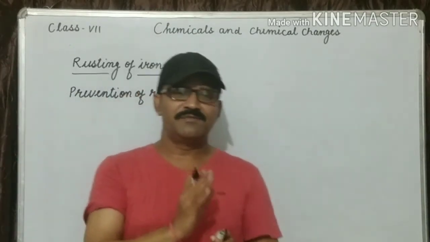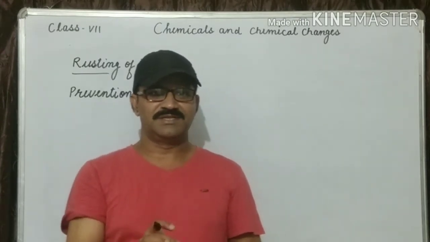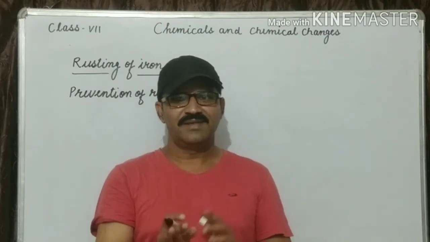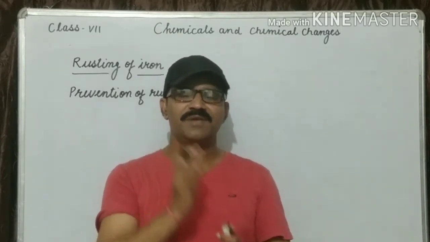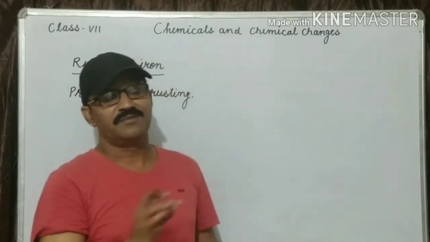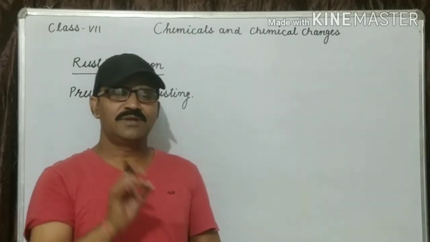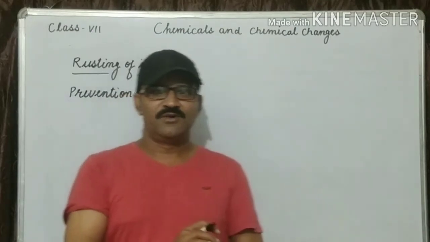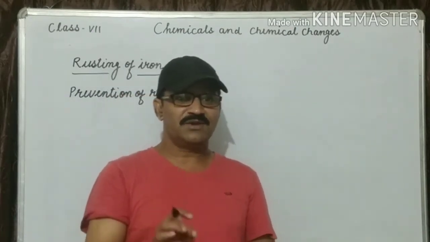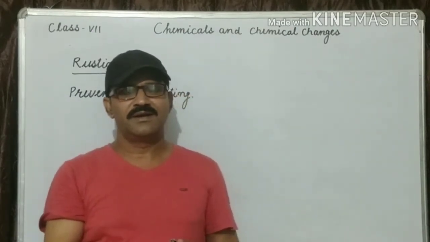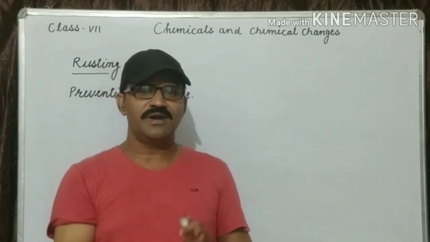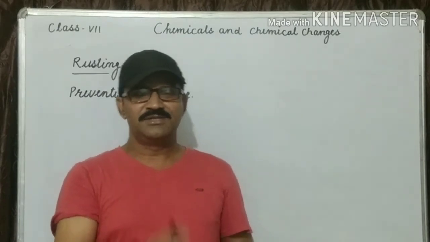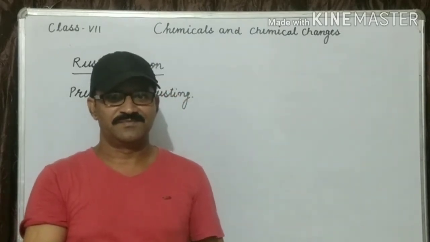Rusting can be prevented by coating the iron surface with oil, grease or paint. The layer prevents iron from coming in contact with air and moisture. Another method of preventing rusting is galvanization. What is galvanization? The process of depositing a layer of zinc on iron is called galvanization.